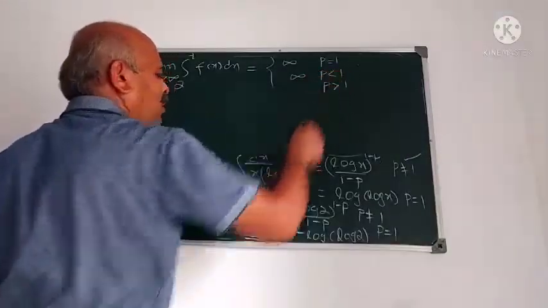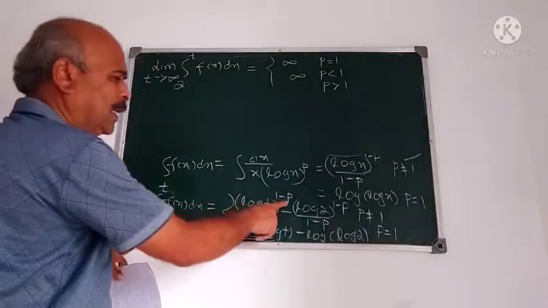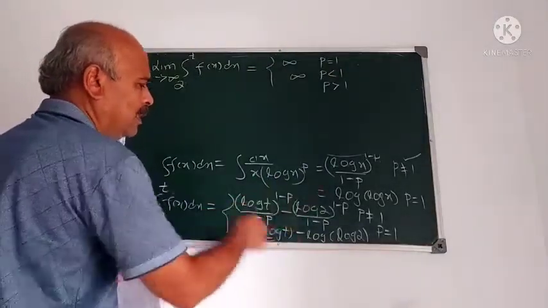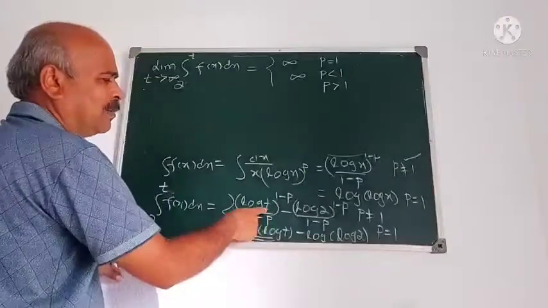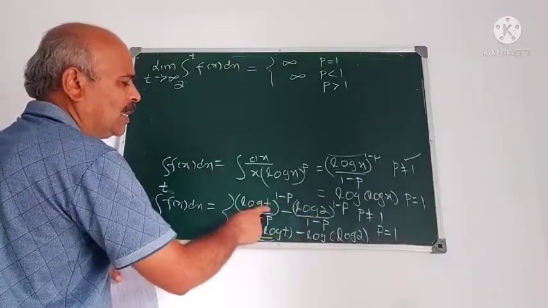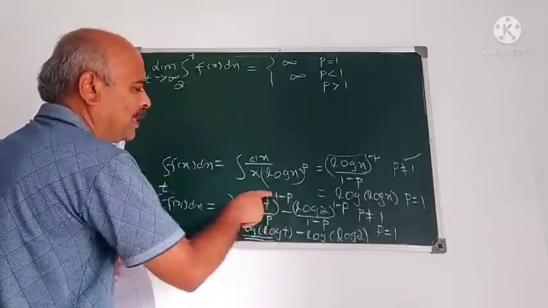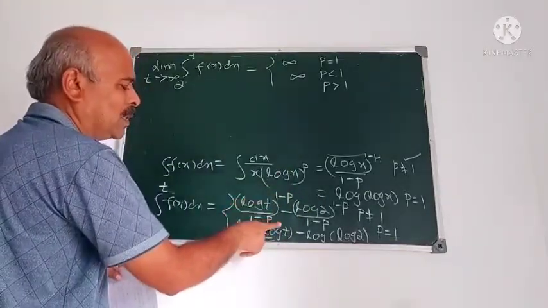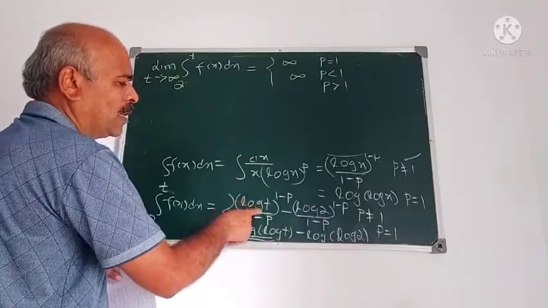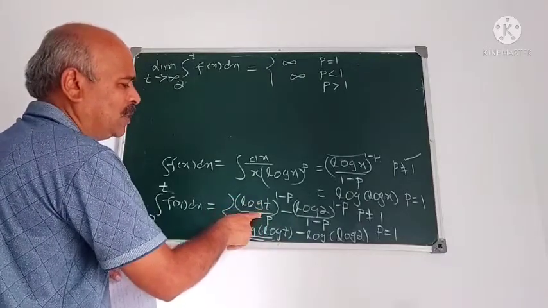When p is greater than 1, the limit depends on log t here, because the other term is constant. When p is greater than 1, log t comes to the denominator, and log infinity is infinity. 1 upon infinity is 0.